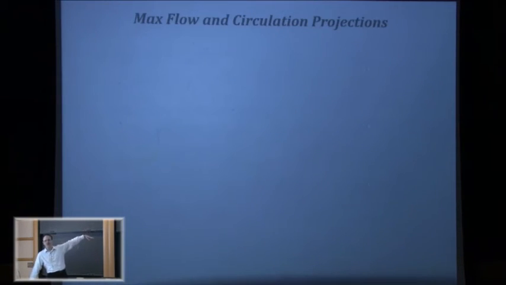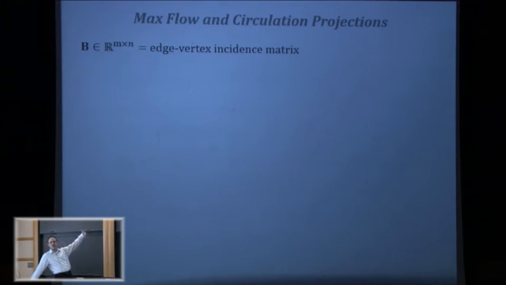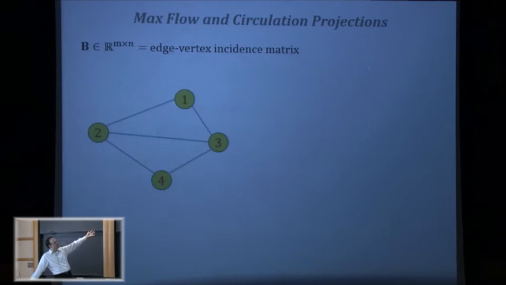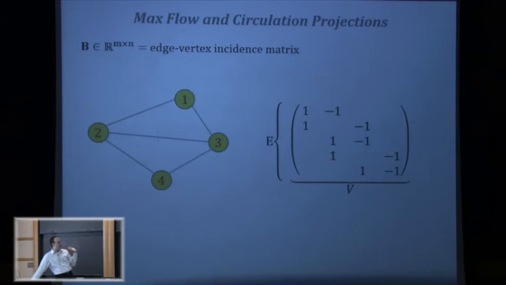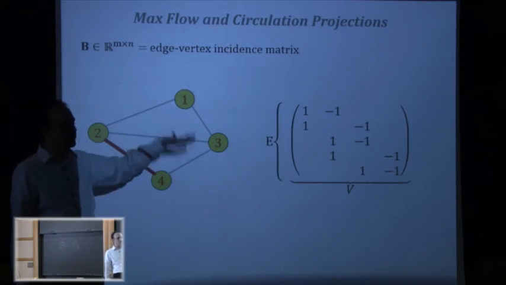OK, so let me actually say it here, and then I'll instantiate it. So for max flow, we're going to just instantiate this scheme for our max flow problem. So I'll define this matrix B to be the edge vertex incidence matrix. By that, I'll mean, and this is my last piece of notation, I think, that rows are edges, columns are vertices.